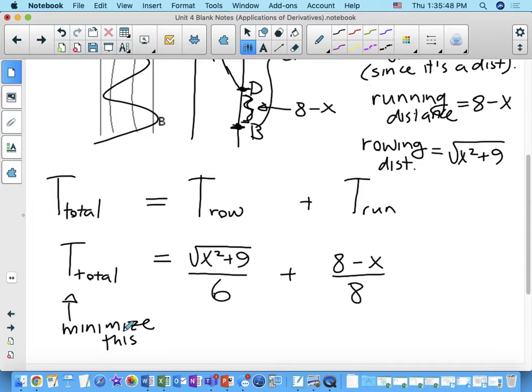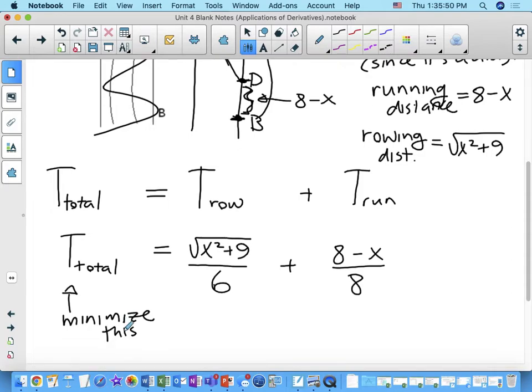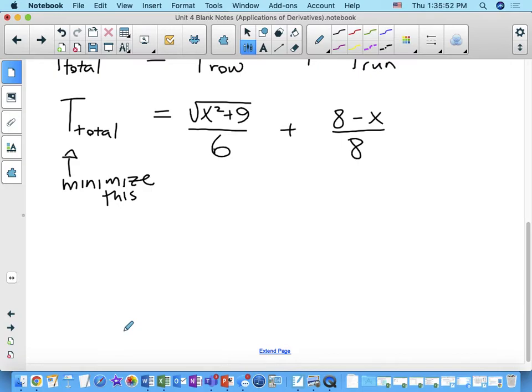Okay? So what I'm going to do first, I think, is just to make things a little more simple, rewrite this by, for example, doing this. Instead of over 6, writing 1/6. And then also use fractional exponent instead of a radical there, because I know I'm going to need to deal with that. To the 1/2.